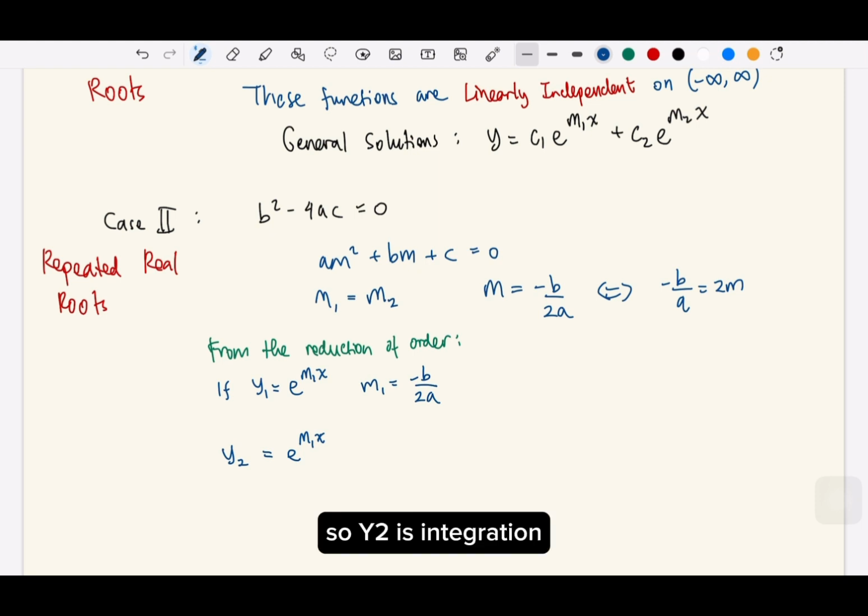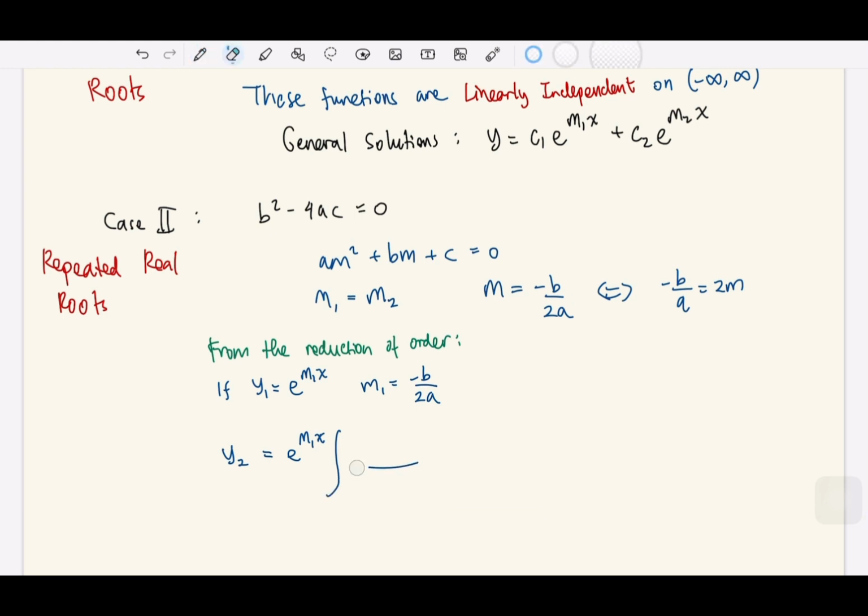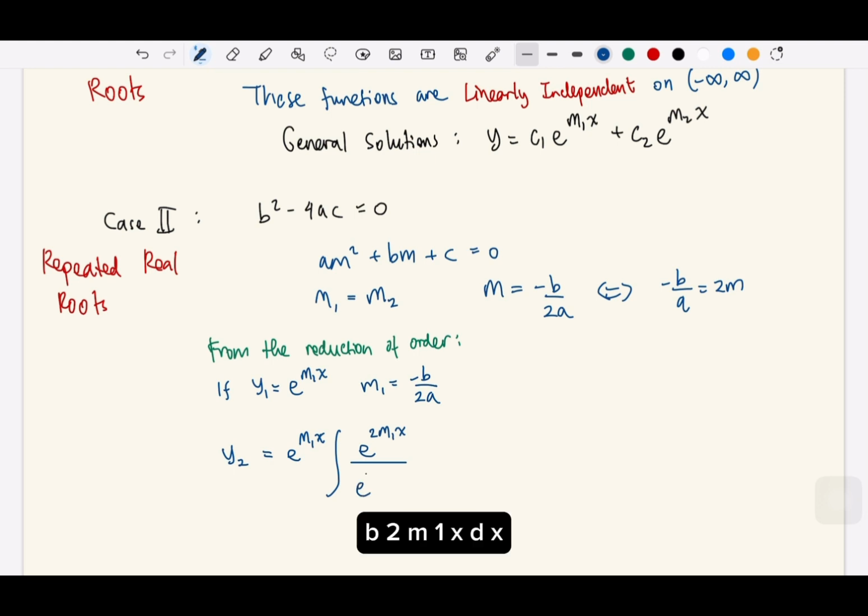So y2 is the integration of e to the m1x times e to the m1x dx.